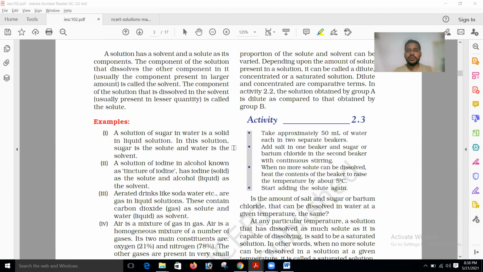So the sugar which is present in that solution will be known as solute, and the water where the solute is dissolved will be known as solvent.